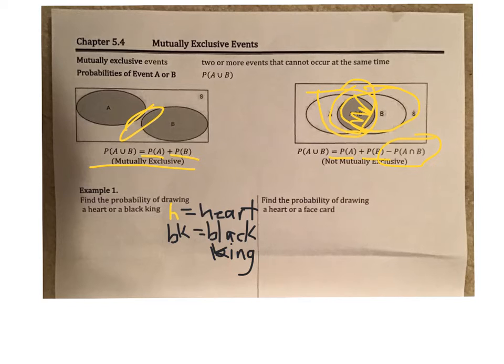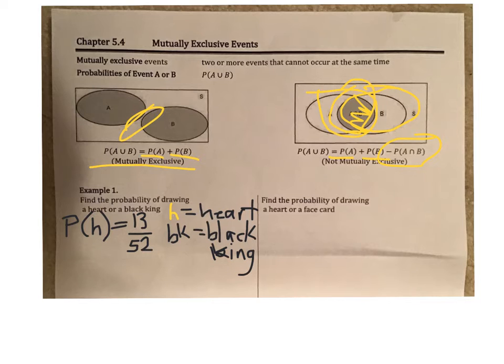So what is the probability of a card being a heart? If you remember from a deck of playing cards, there are 4 different suits. There are 13 cards of each suit, so there would be 13 hearts. Remember, to change it to probability, the top number is getting the heart, the bottom number is the total number of outcomes.